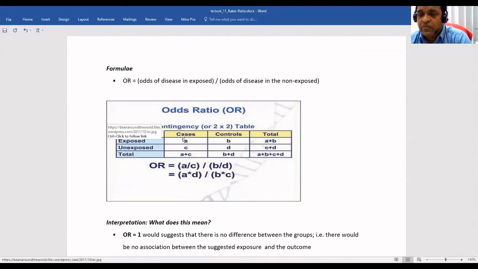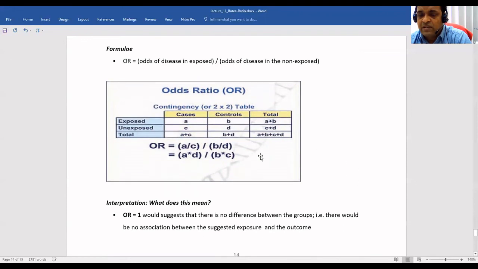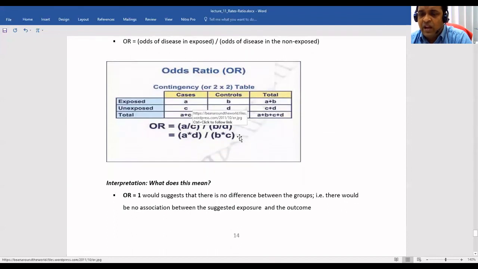Okay, so we can do it for the case-control group like this: first of all, you have to find the odds of exposure for the case group, and then you have to find the odds of exposure for the control group. Then you can find the odds ratio of exposure, that is, the chance of developing disease for the case and control groups.